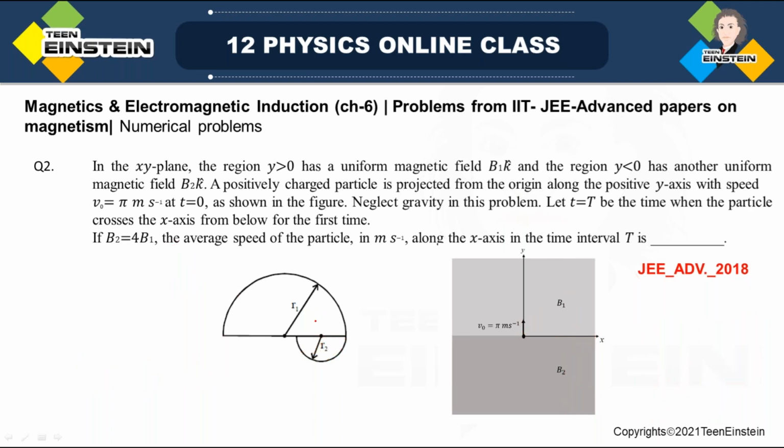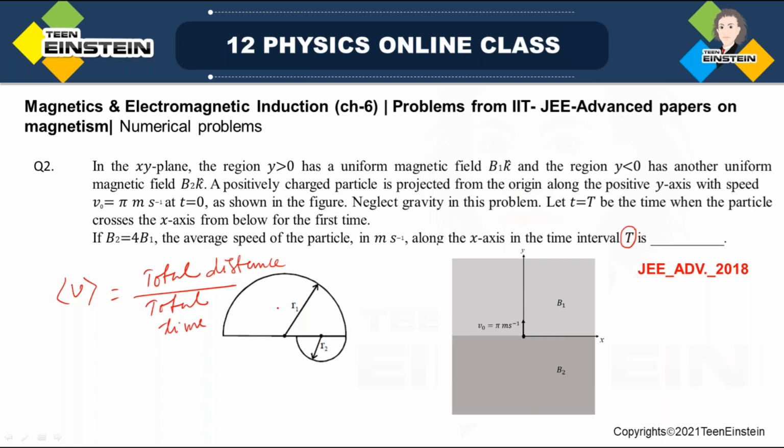Now the question is, what is the average speed? Average speed is the total distance covered divided by the total time interval, capital T. So that time is fine.